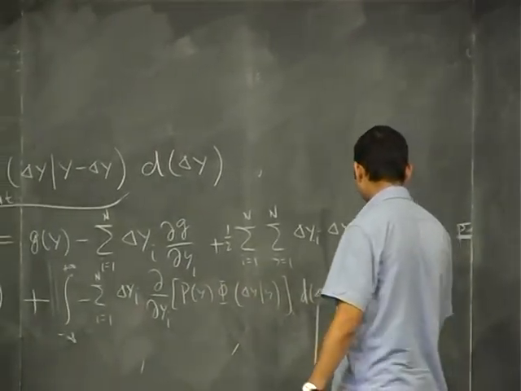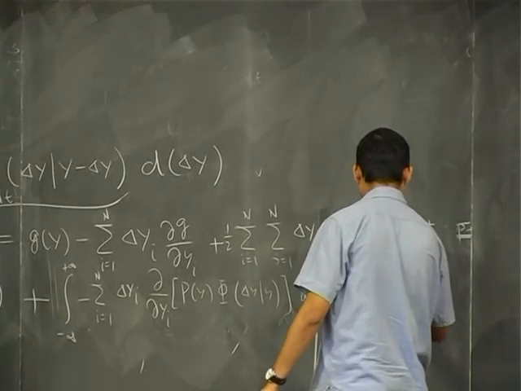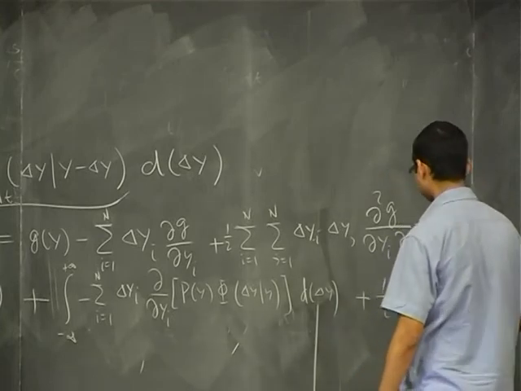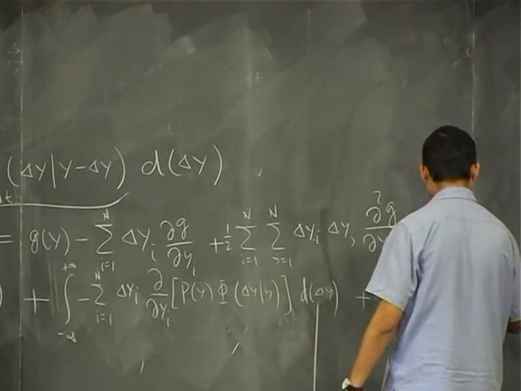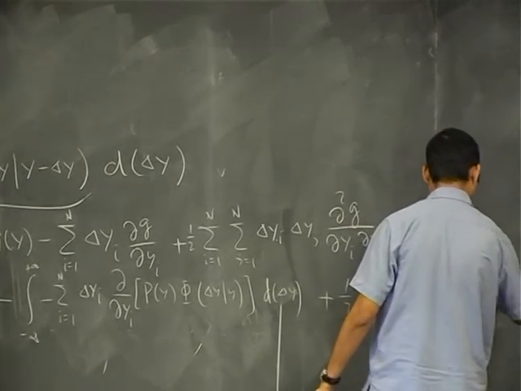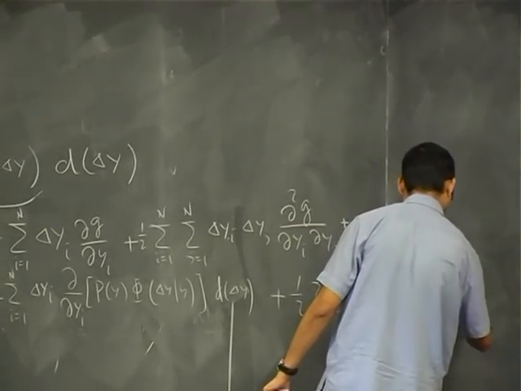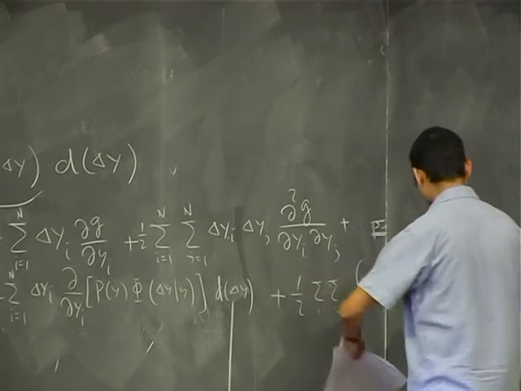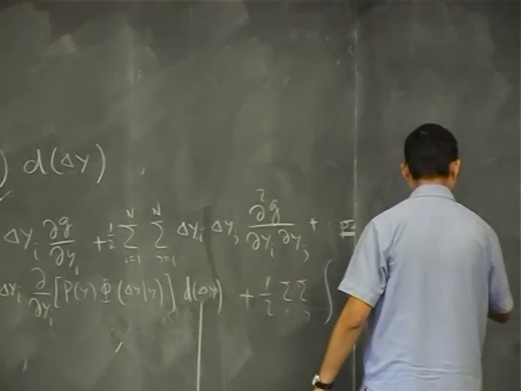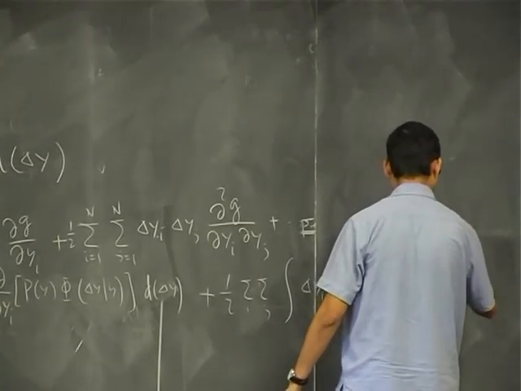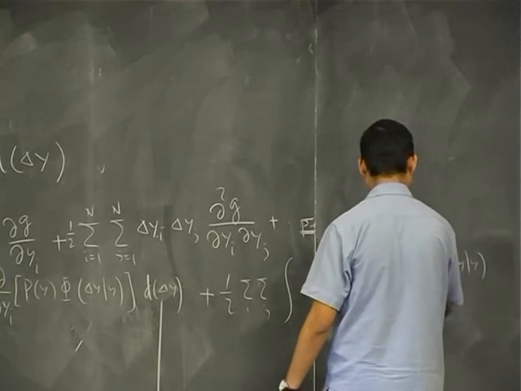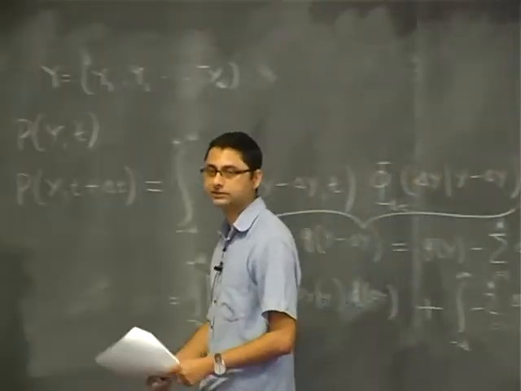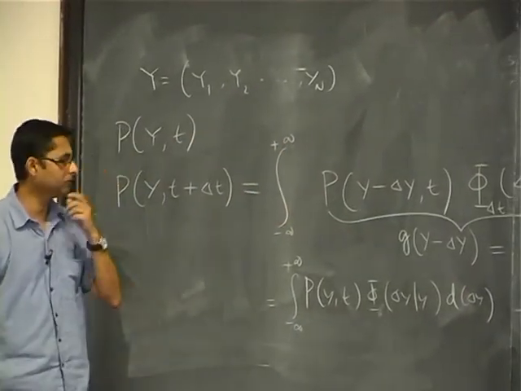Similarly, third term is half sum over i, sum over j. I have this integral, then delta yi delta yj, del 2 del yi del yj, p y phi of delta y, y, plus these other terms. These other terms will go to 0 by the same arguments I have been using earlier, right? So I am not going to even say.